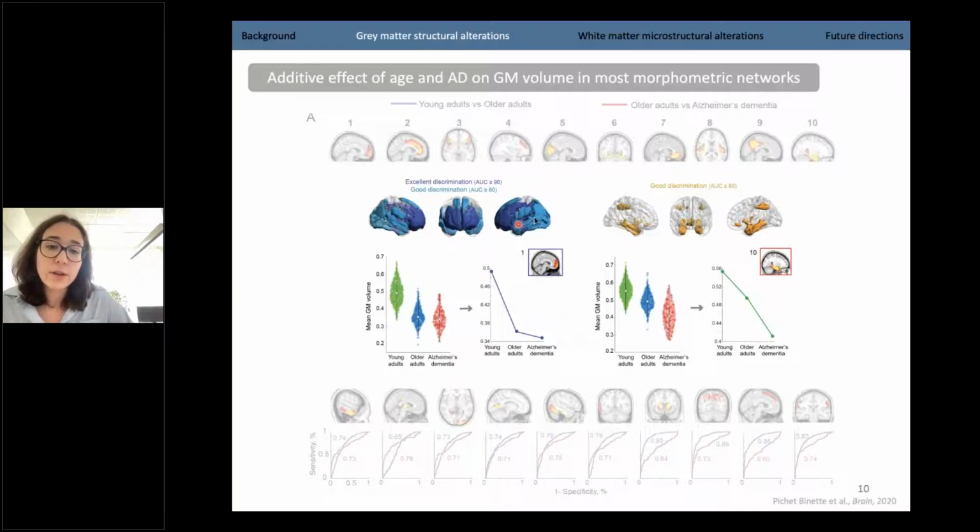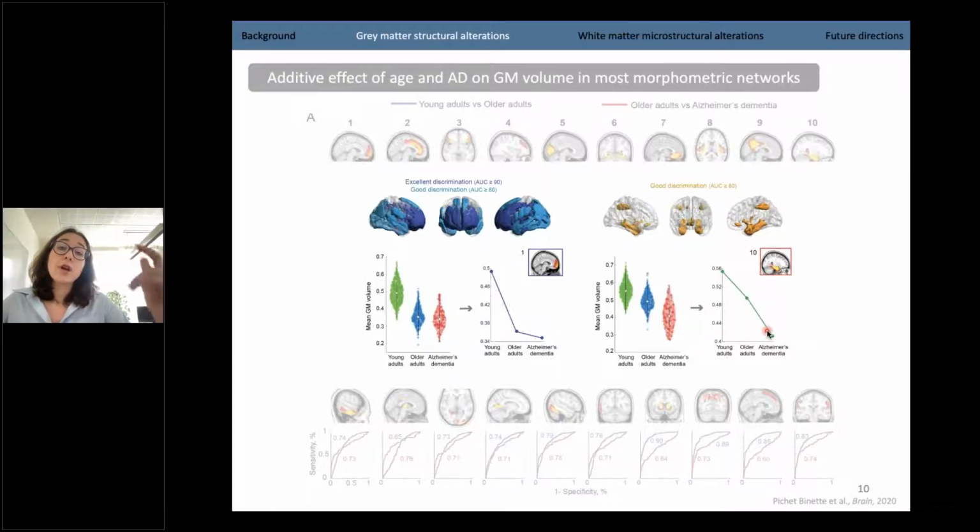For the aging effect, we see many networks showing a good discrimination, with our key networks showing that gray matter volume is reduced from young to old adulthood, but not much further with the disease. On the other side, we only have two networks from which we can differentiate old from AD dementia, but the gray matter there shows an additive effect of both.